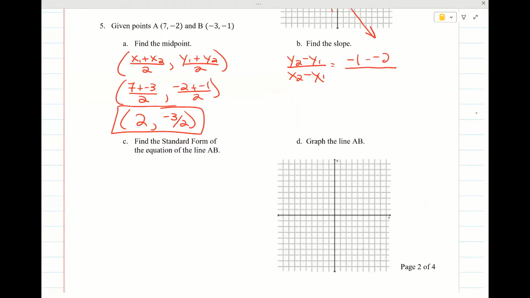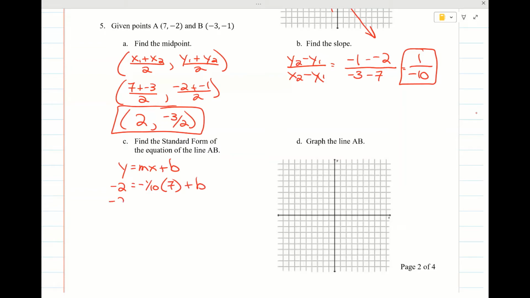We're going to do -3 minus 7. So our slope would be -1 plus 2 is 1 over -10. For the standard form of the equation of the line, we could use slope-intercept form, pick one of the points, plug in for the y value, the slope, the x value, and solve for b.